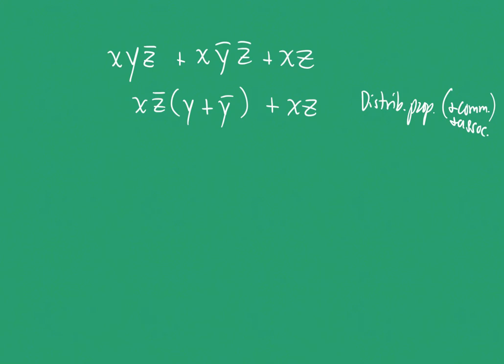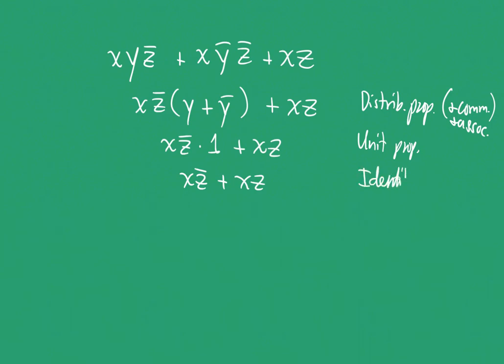Next, I'm going to notice that y plus y bar, y or not y, is true, which means everything in parentheses here is going to turn into a 1. So I'm going to have x z bar times 1 plus xz, and that was called the unit property. And then anything times 1 is just that thing, which means that's going to give us xz bar plus xz, so that's the identity property.